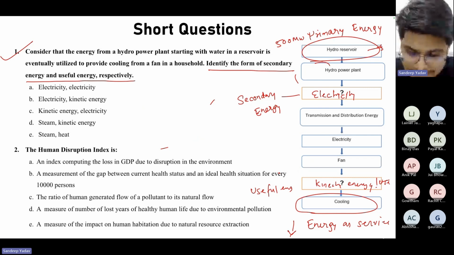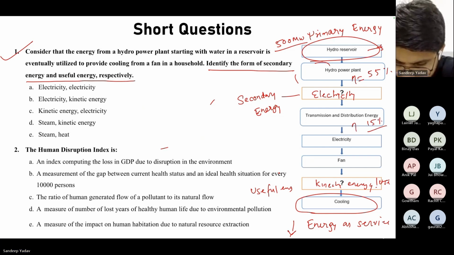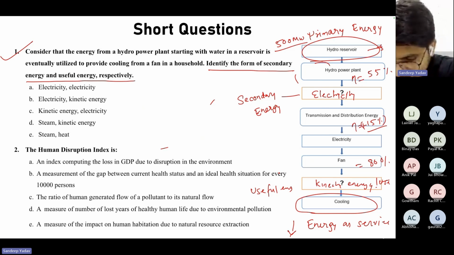Here, suppose we have a 500 megawatt hydro reservoir, and we have a hydro power plant having efficiency of 55%, and transmission losses of 15%. So efficiency will be 1 minus 15%, correct? And the fan has an efficiency of 80%. So finally, how much energy are we getting at last?